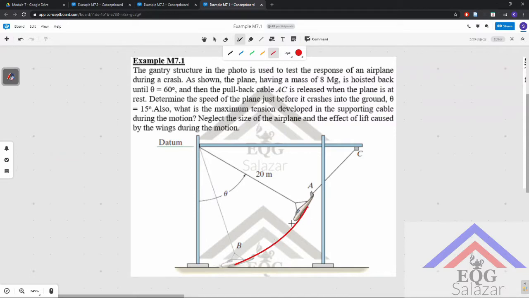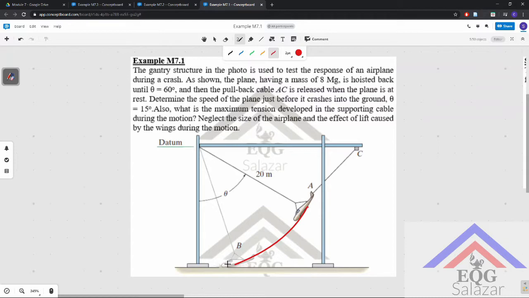Since it's going about a circular motion, that tells us that this is a curvilinear motion. So we know that there is the presence of a normal acceleration and tangential acceleration for this situation. Next, we also know that the initial point is at A and the final point is at B.